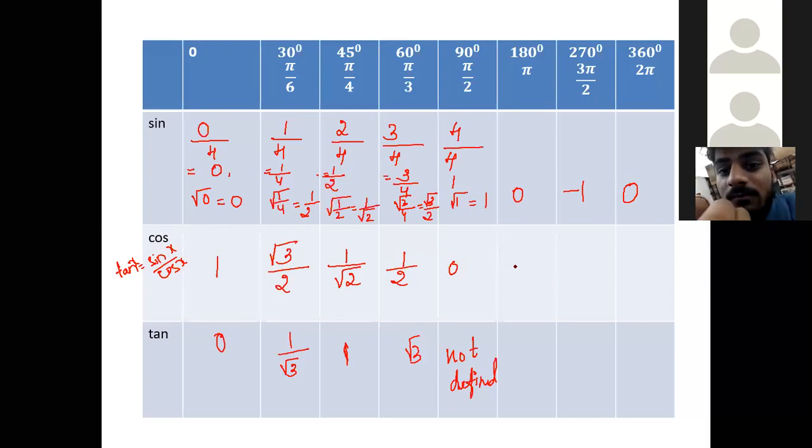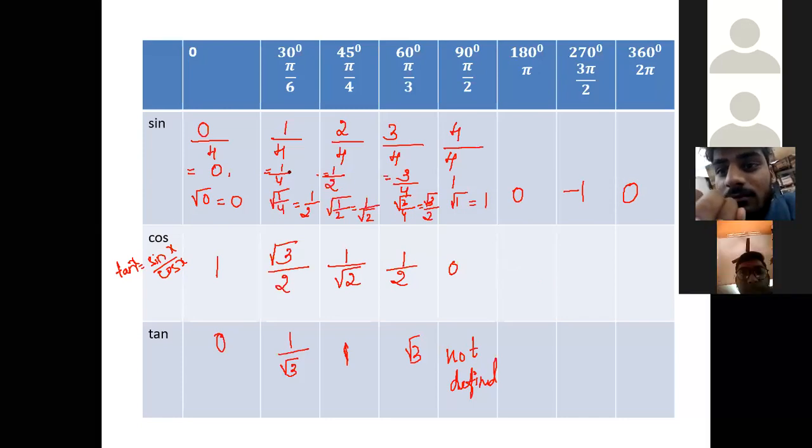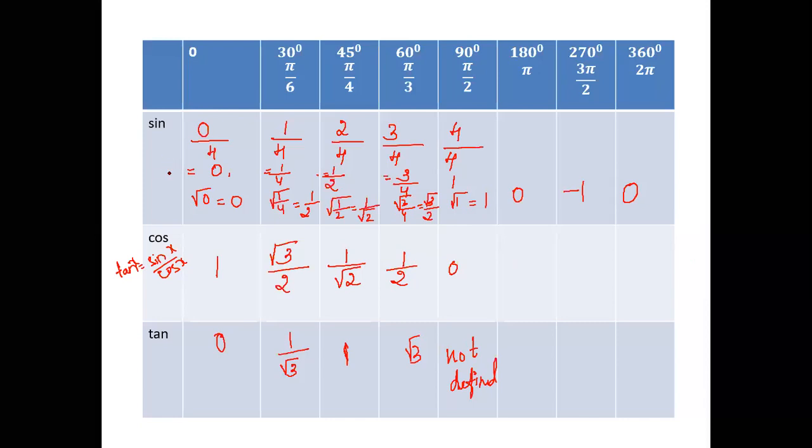Once you are done with the sine, again for the cos, you have to write it in the reverse order. Same thing, from 90 degree to 360 degree, you write it in reverse order. For cos 90 degree, you have to write whatever value sin 360 degree has taken.